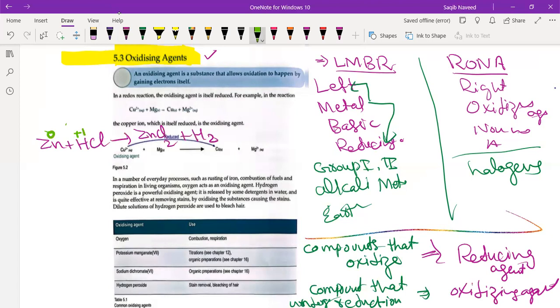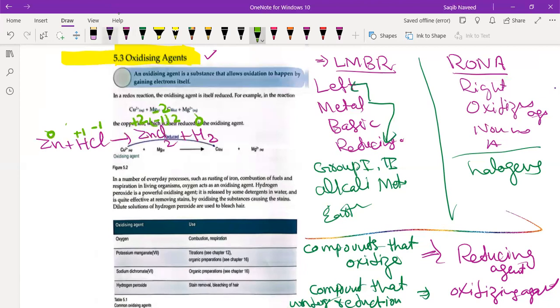H is +1 and Cl is -1. And what is the charge on Cl in the compound? It's -1 into 2, which becomes -2. And zinc is +2. And H2, nothing is there, so similarly 0.